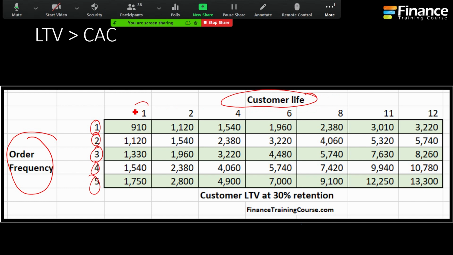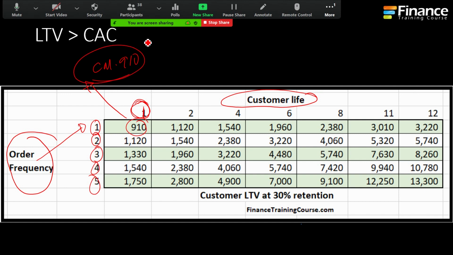So if the customer only orders, and this is with respect to Maya, if the customer only orders one order a year and only stays for 1 year, the lifetime value of that customer is 910, which means in this specific instance, in this specific model, the contribution margin is 910.